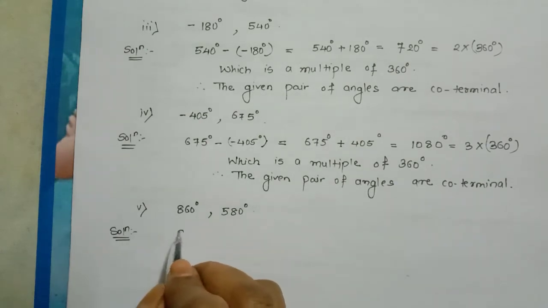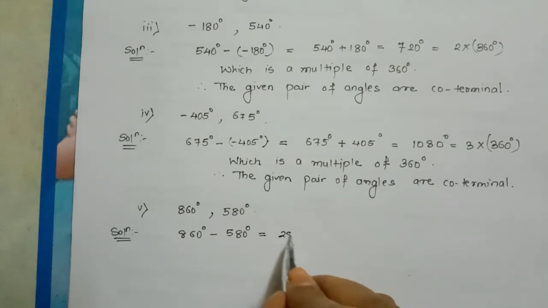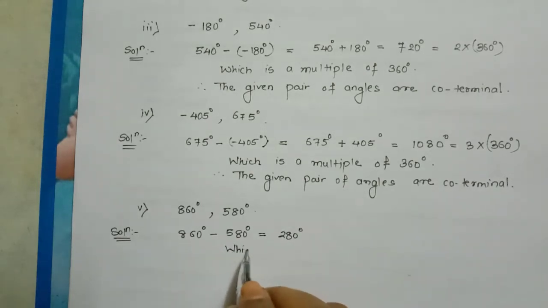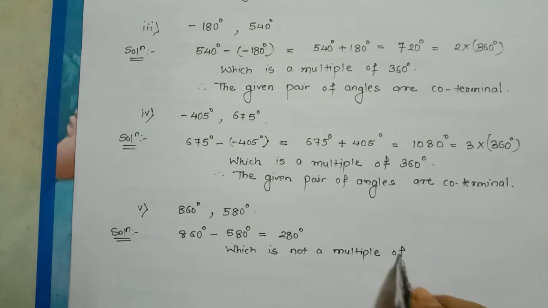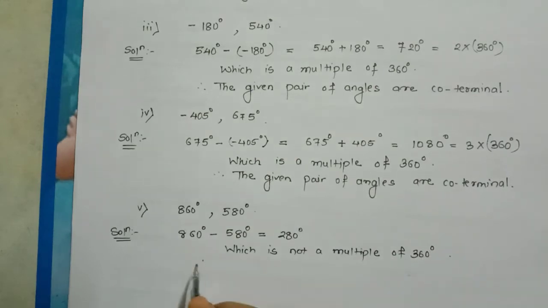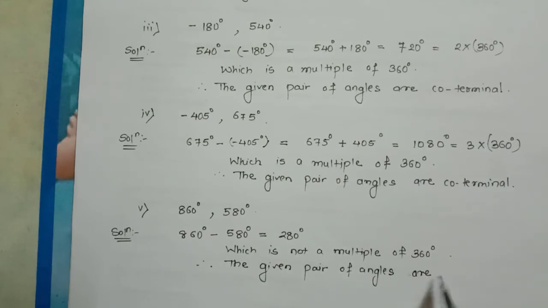So it will be 860 degree minus 580 degree, which is equal to 280 degree, and this is not a multiple of 360, correct? Therefore the given pair of angles are not coterminal.